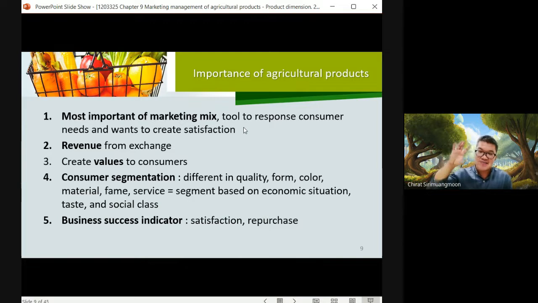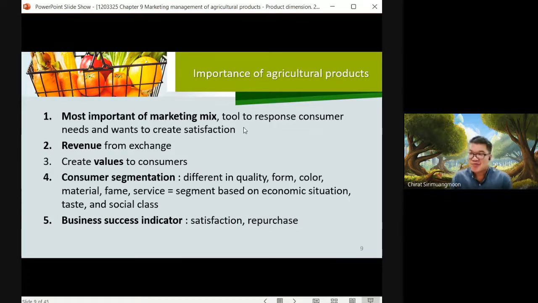So if you think about you have the products and then you have different levels of the quality, you can serve different ways. And then the last one, when you have the products, it's actually the key for business success. So I would say it's like KPI or key performance index for having a good business.